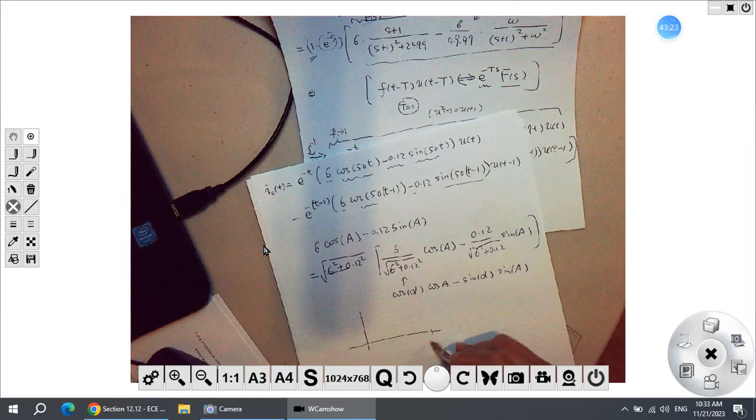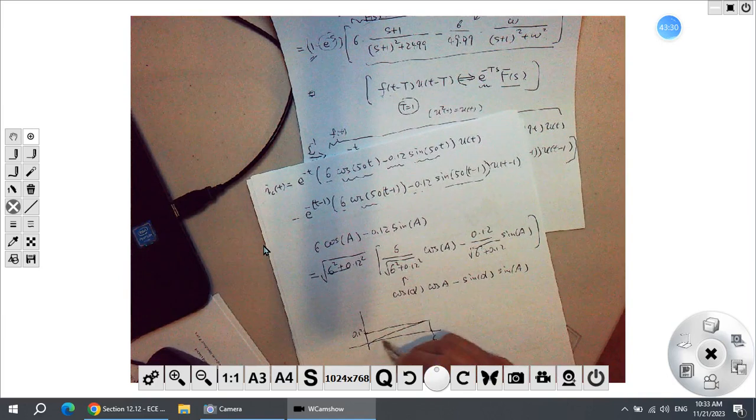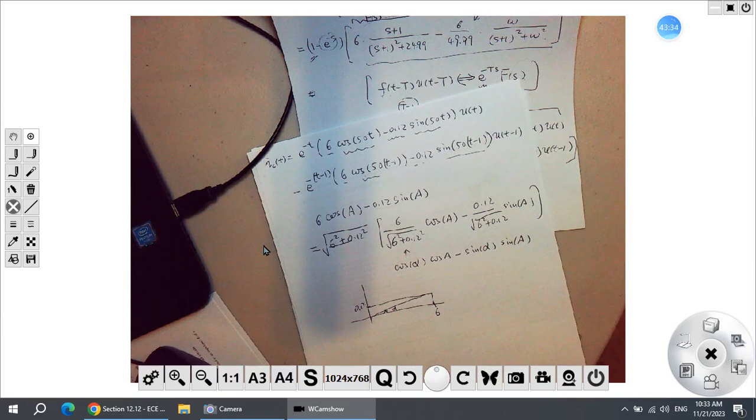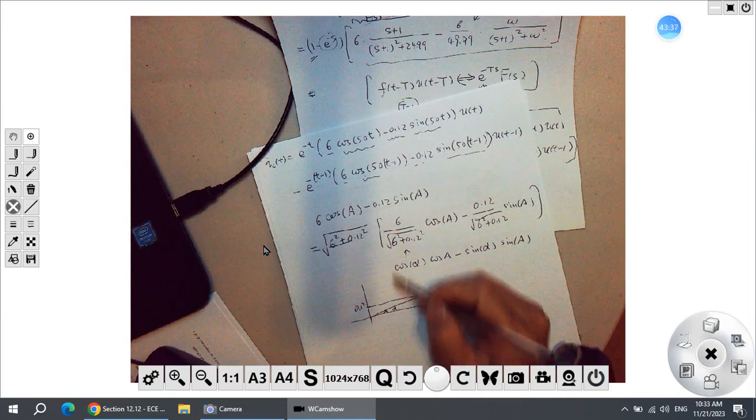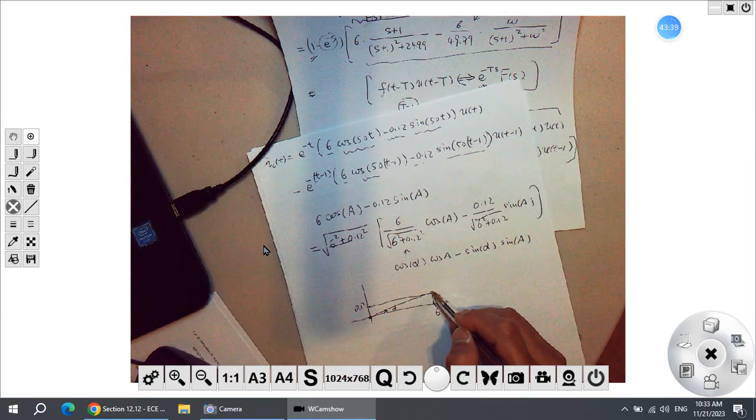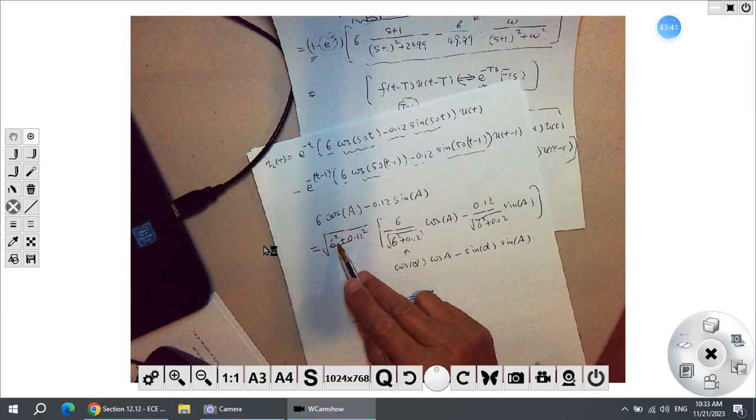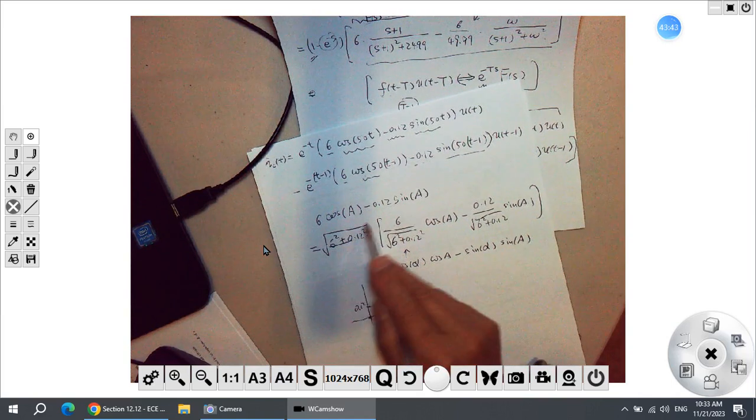Where alpha is like this. Here's a 6 and here's a 0.12. This angle is alpha. You see? The length from here to here is the square root of 6 squared plus 0.12 squared.